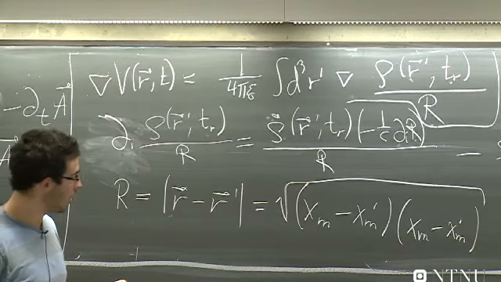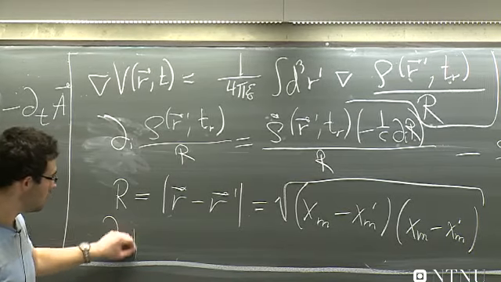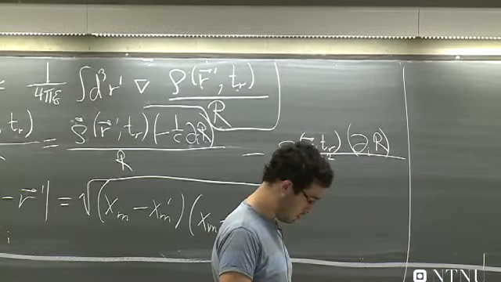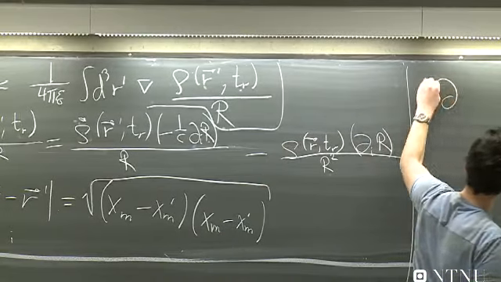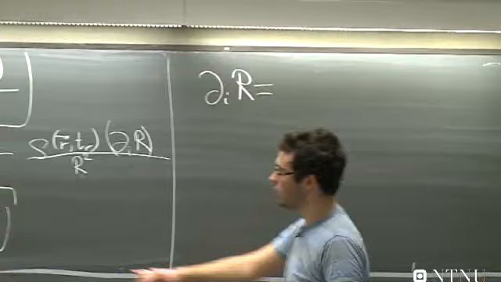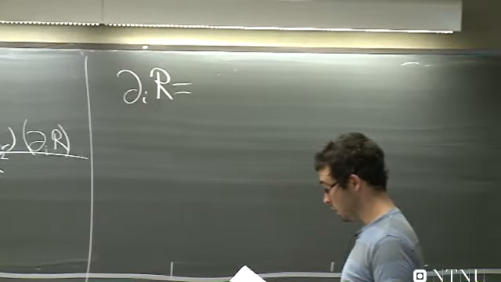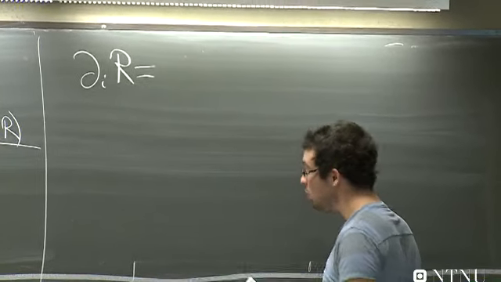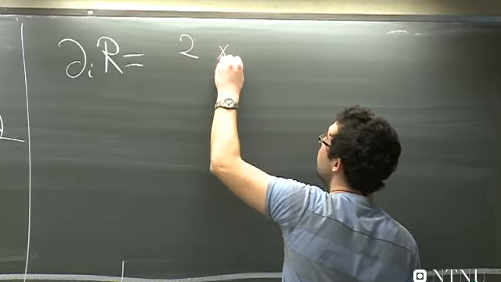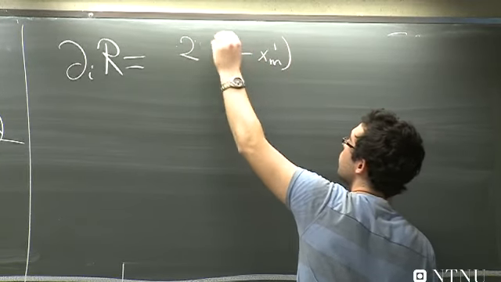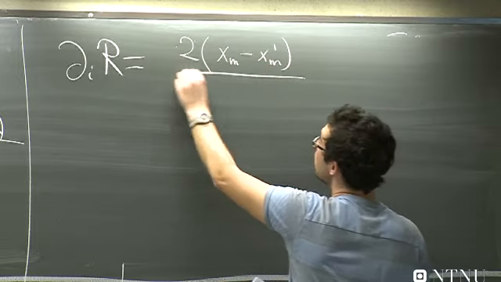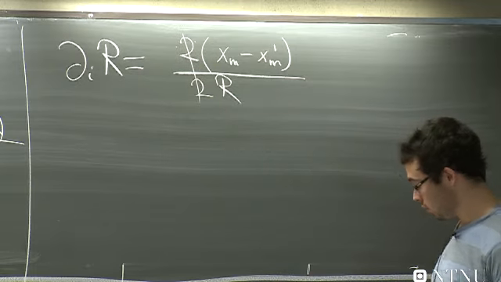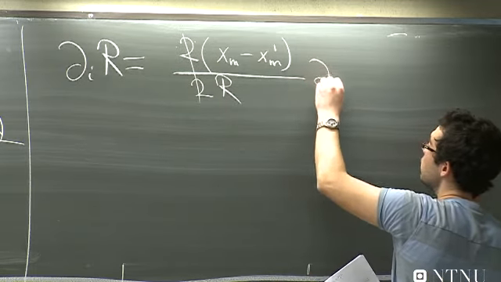So what I need to do now is to calculate di of the square root. Let's see. So that means that di of r, when I write it on this form, will be simply 2 times (xm minus xm prime) divided by 2r. The factors of 2 cancel, and dixm.